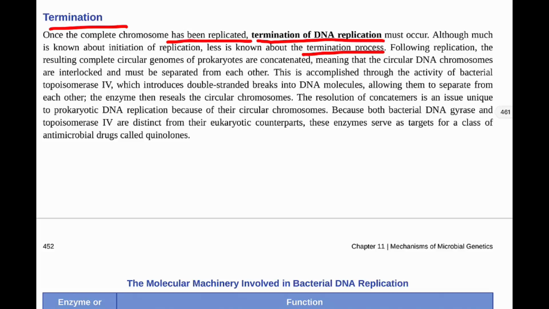What we do know is that the DNA of our prokaryotes is circular. Since they are circular, they end up being concatenated, which means that the circular DNA chromosomes are interlocked and they have to be separated from each other. Remember, in eukaryotes, we have long strands of DNA. They're not circular, right?